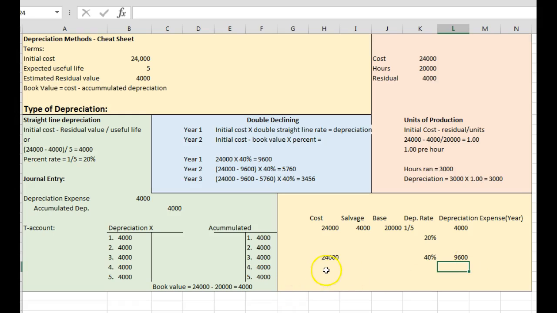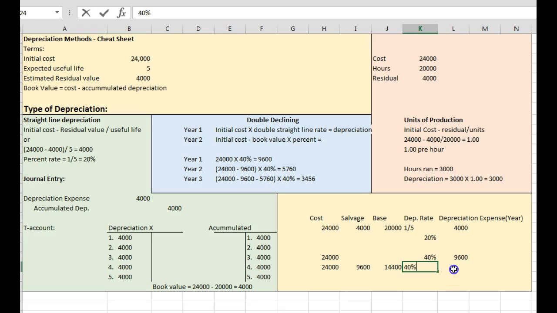So I'm going to take 24,000 times 40%, and that makes my first year depreciation $9,600. Now, for the next year, we do something different. We subtract that $9,600 to come up with a new base, and that is $14,400, and we multiply that times the 40% then.